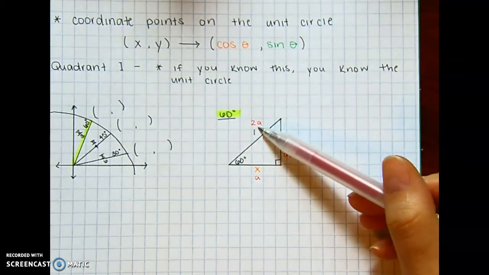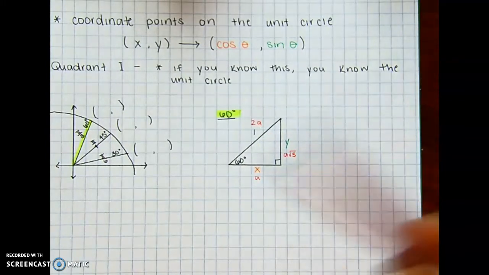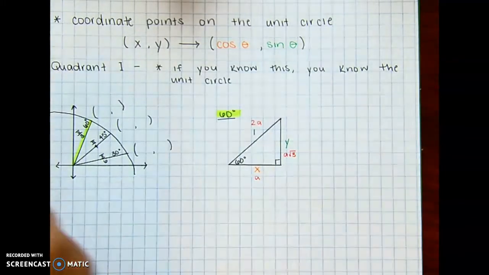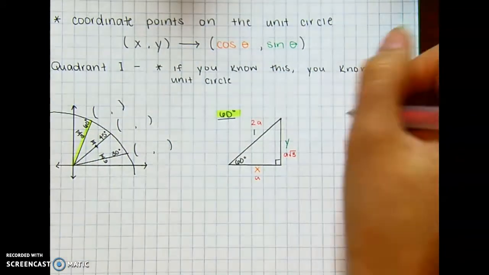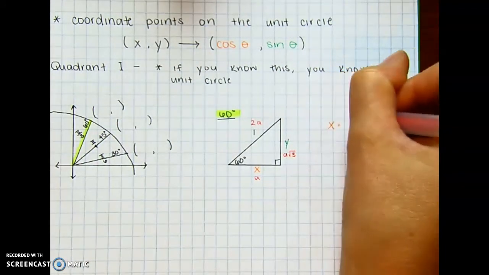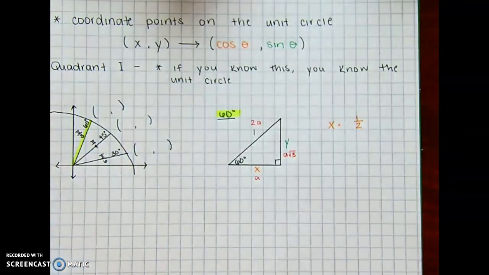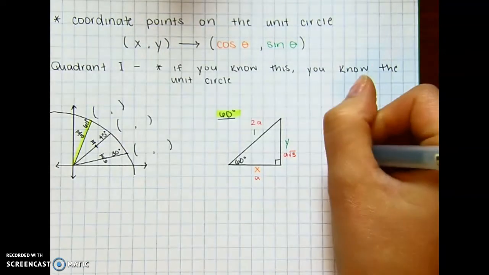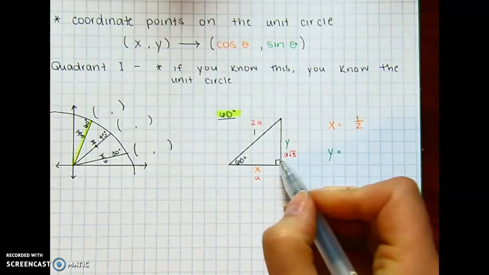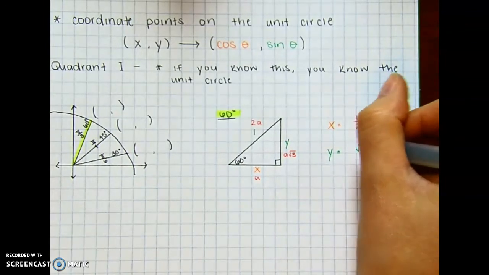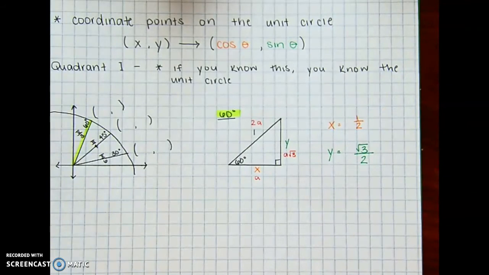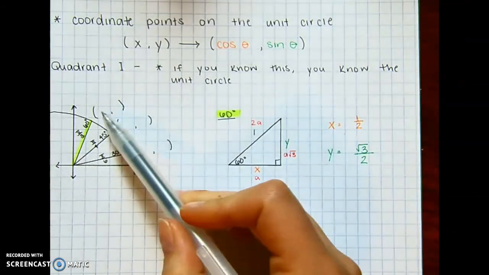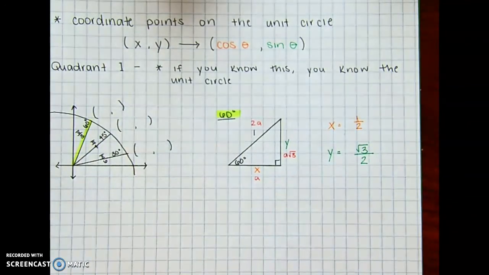So if this is 2a, then that means that a, or x, is going to equal half of that. So the x distance is going to be equivalent to 1/2. And the y distance will then be 1/2 times the square root of 3, or we could think of it as the square root of 3 over 2. So that is going to be the coordinate for these angles up here.